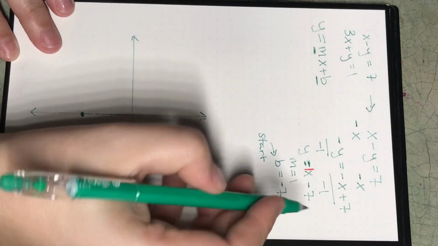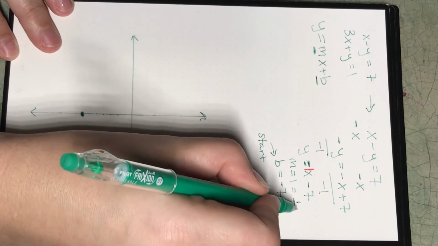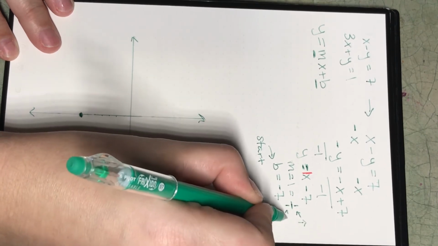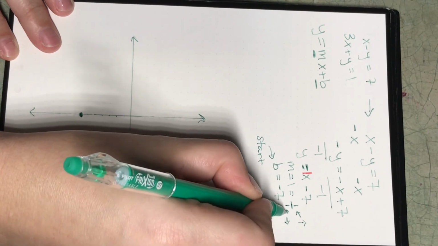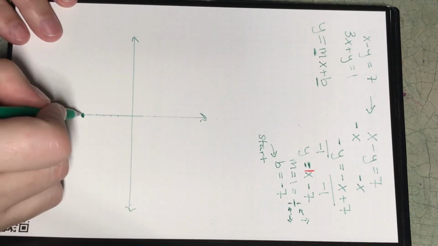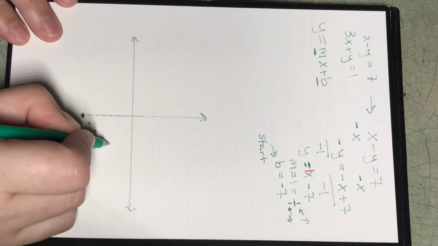And then my slope is 1. Well, we want it as a ratio of rise over run. So I'm going to go up 1 and over 1 with this slope, because 1 divided by 1 is 1. So up 1, over 1, up 1, over 1.